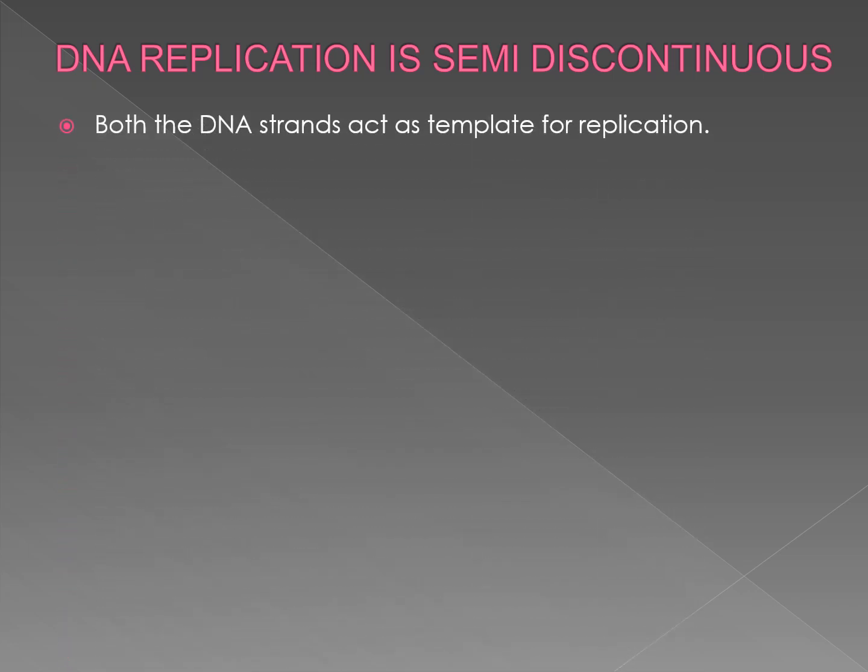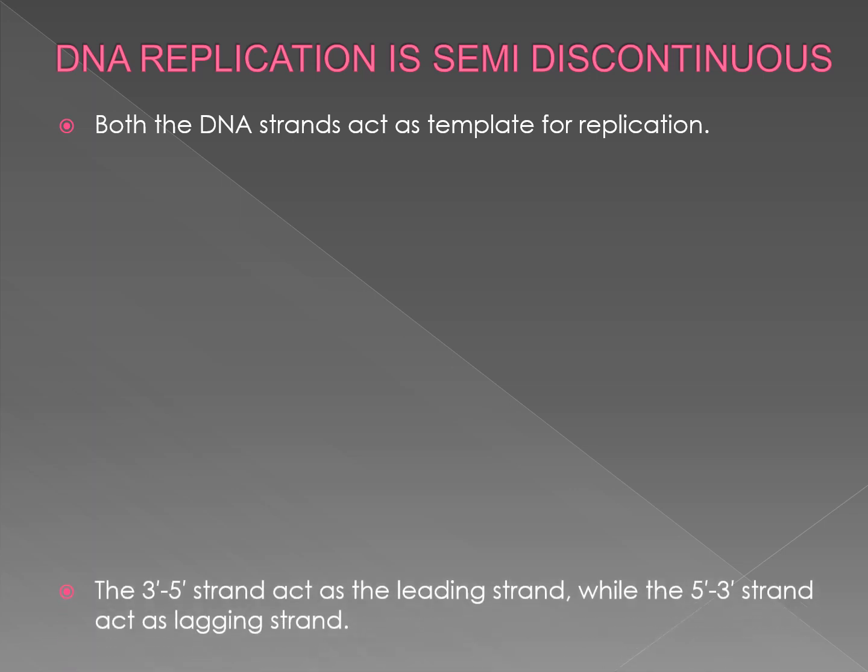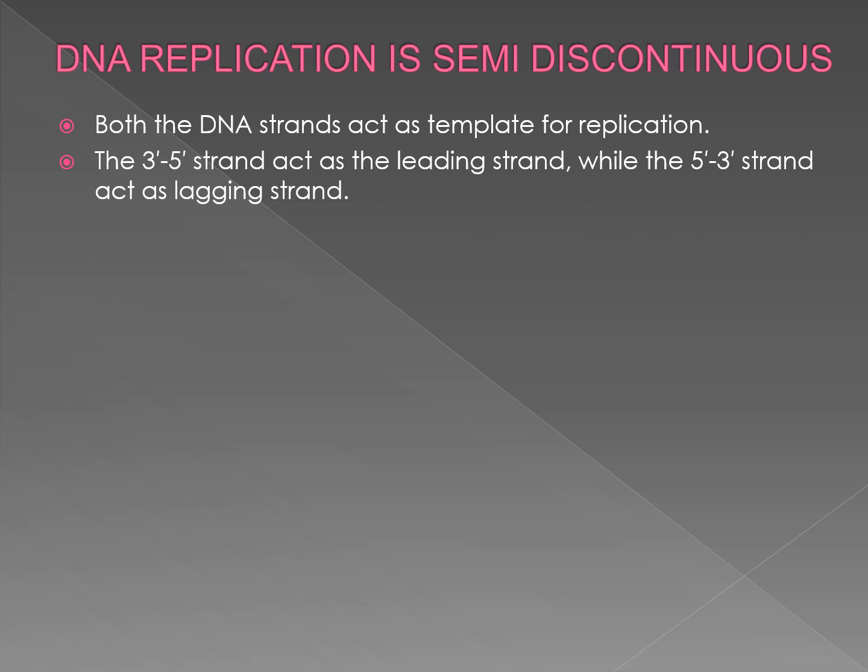As we have seen in the earlier slide, there are two strands of opposite polarity, 3' to 5' and 5' to 3'. The 3' to 5' strand acts as the leading strand, whereas the 5' to 3' strand acts as the lagging strand.